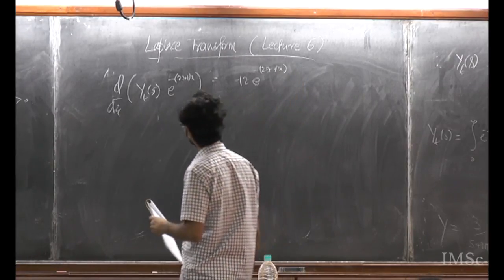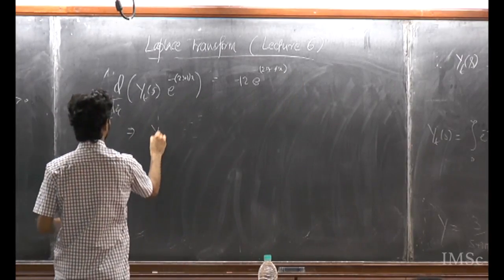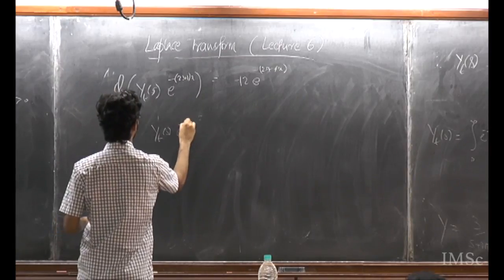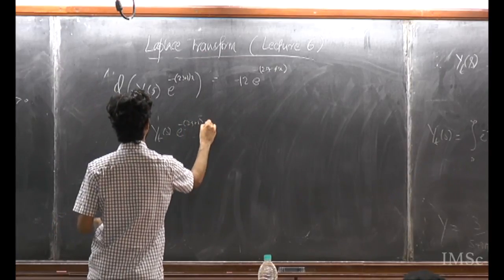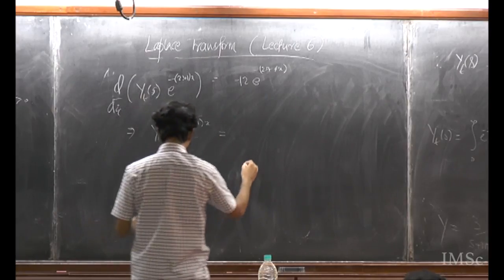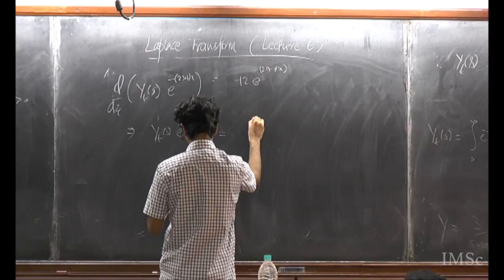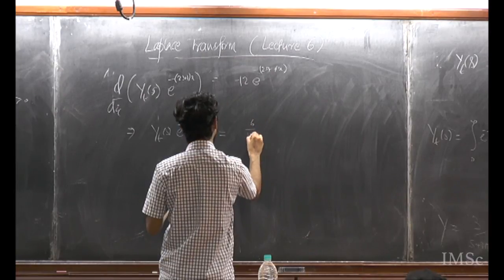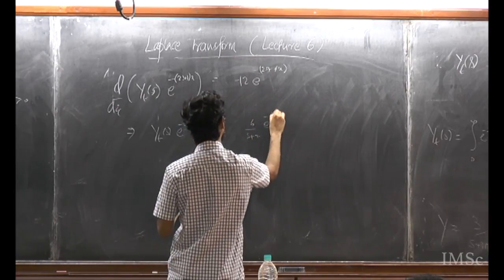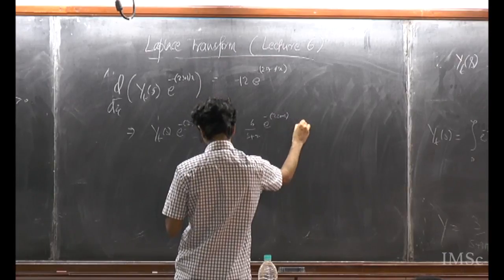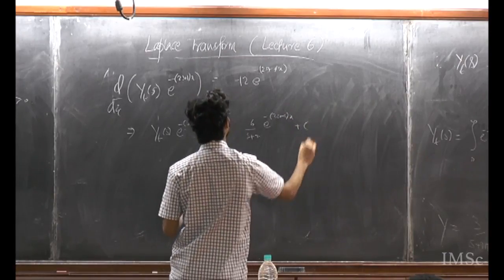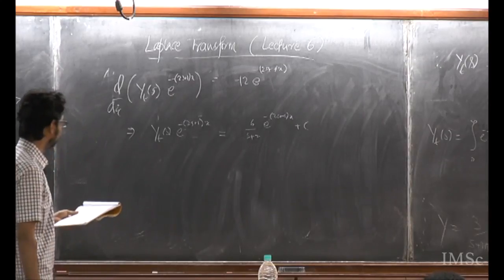Yeah, this is correct. So you can integrate Y(x,s) e to the minus (2s plus 1)x. This is equal to 6 over s plus 2 e to the minus (2s plus 4)x plus c. This is the answer.